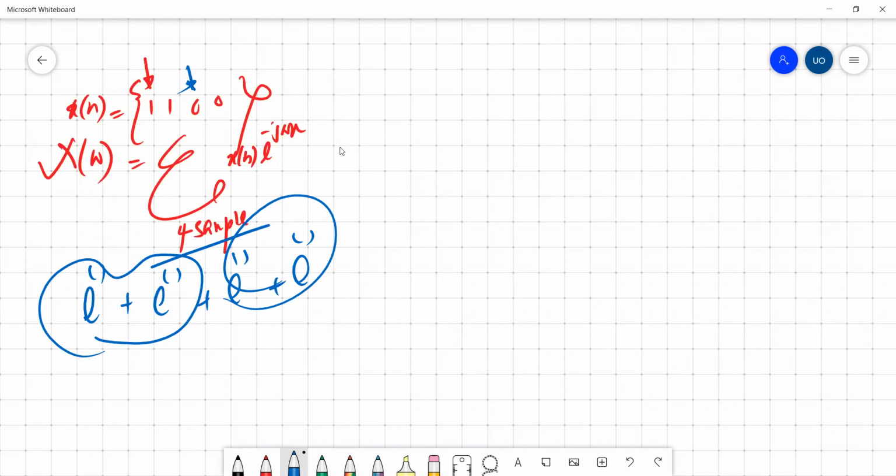And if you really need to make it discrete, you can simply replace omega with 2 pi k over N. But it doesn't have much meaningful value, because if you know X(omega), you can simply replace it with a particular substitution. For this case, you have to find the capital N as well. So it's wise to keep the Fourier transform in this format, or else you can convert it to X[k] by applying the substitution. Doesn't matter.